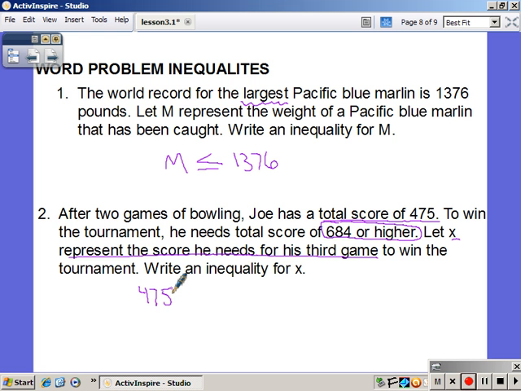Between where we're at and what he's going to need in his 3rd game, you would need to add those 2 scores together to get to that score of 684. We need to be at 684 or higher. That's the least amount. So when we take where he's at now, the 475, and add his third game, that total needs to be greater than or equal to 684.